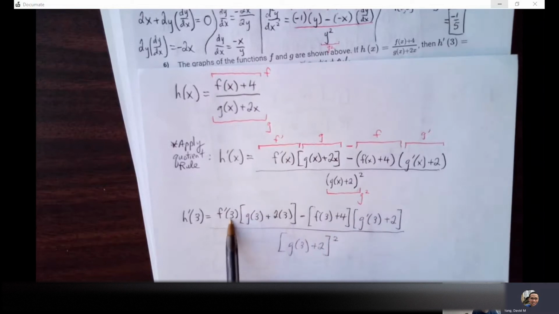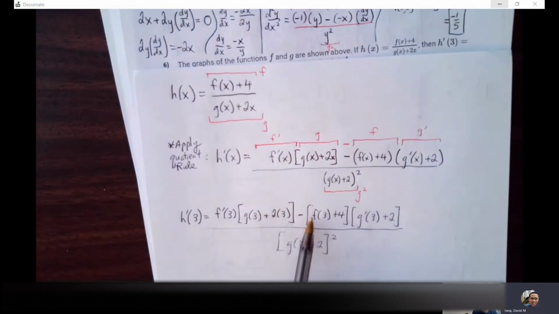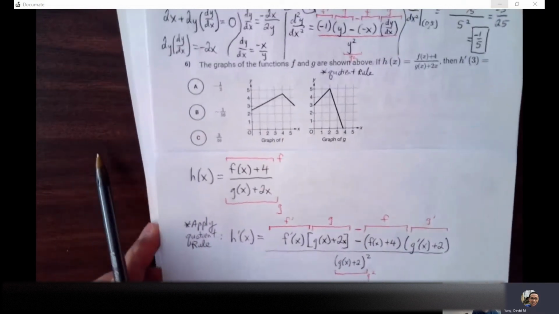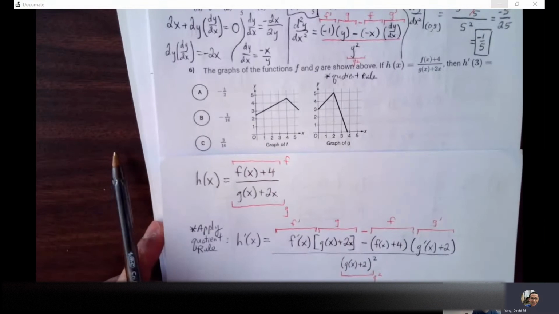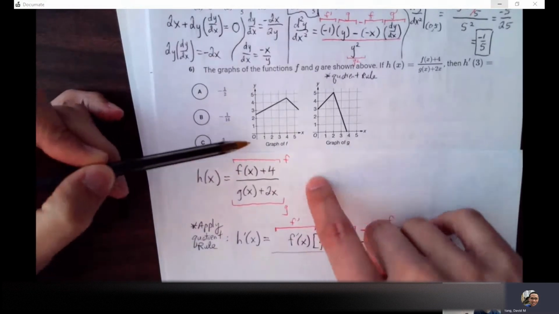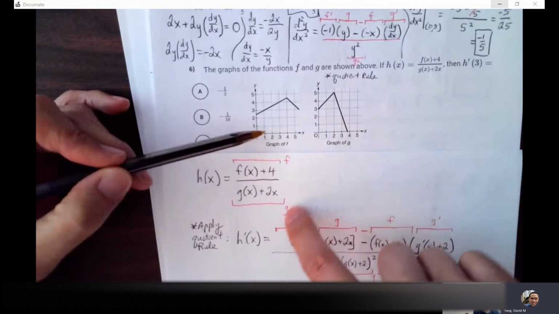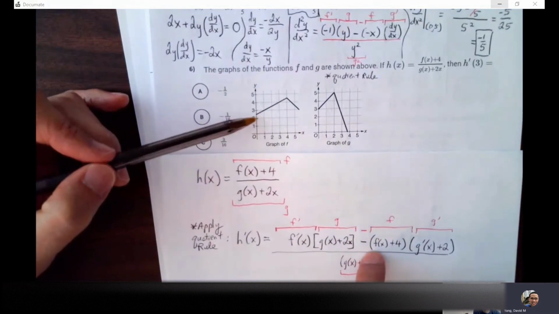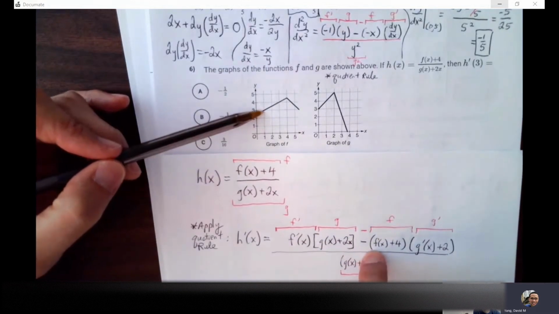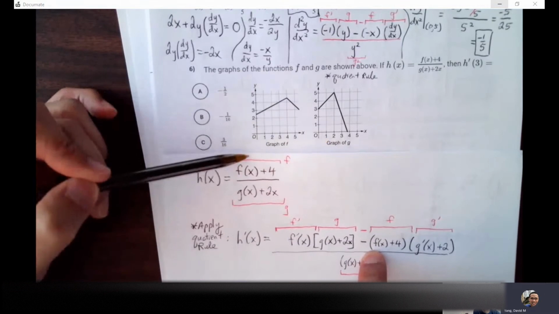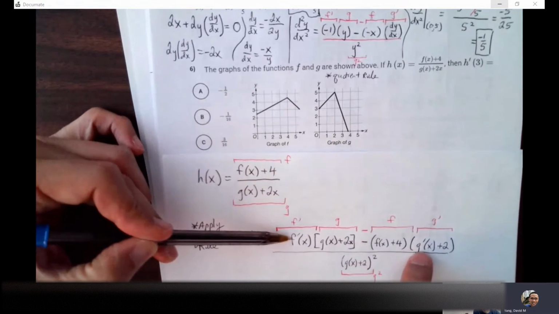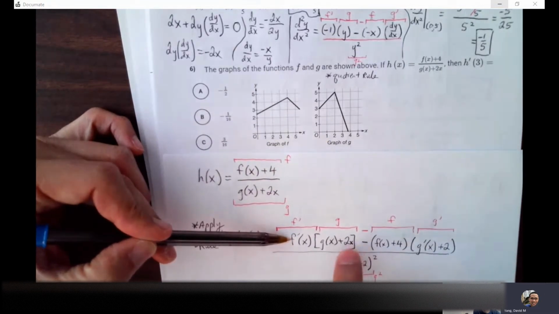So we need to find f prime of 3, f of 3, g of 3, and g prime of 3. Let's go to our graph here. Everything here involves 3, so we're either asking for our ordered pair on these graphs, or for the slopes at these graphs, because prime represents slope.